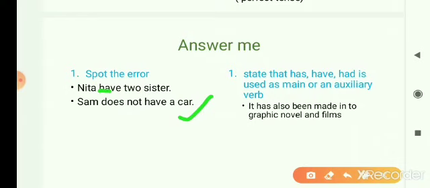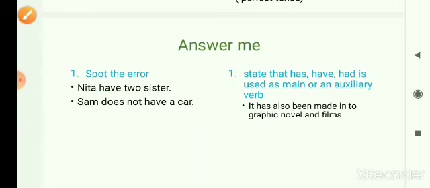Made is also a verb, but there is no repetition of has and have here. So made and has are acting as verbs. Made is the second. So, as I said, when there are multiple verbs, the last verb will become the main verb, whereas before that it will become an auxiliary verb. So has is an auxiliary verb.